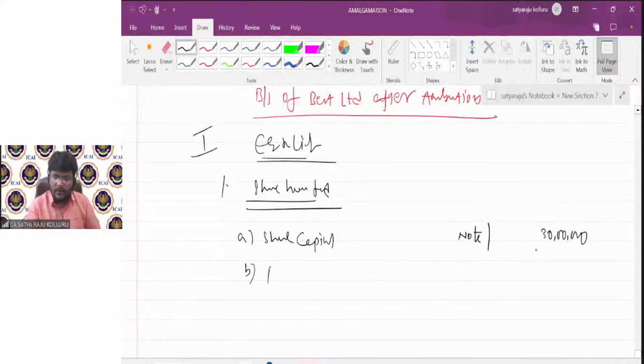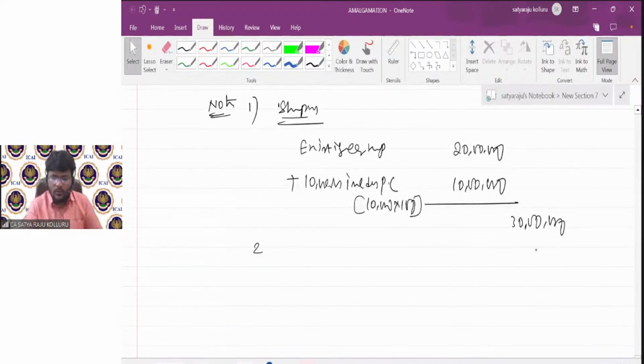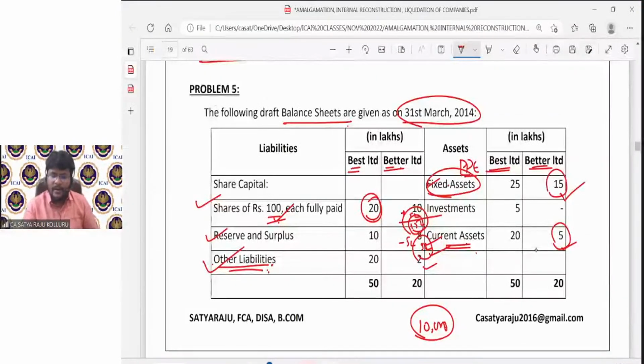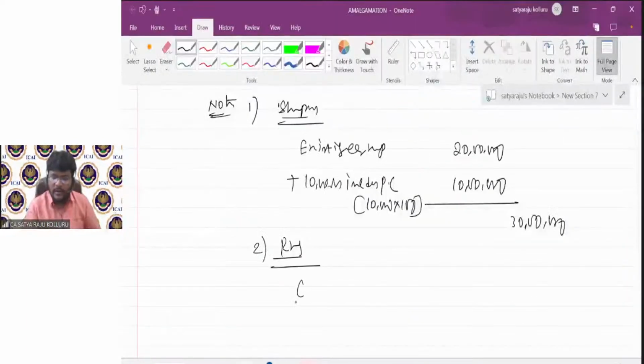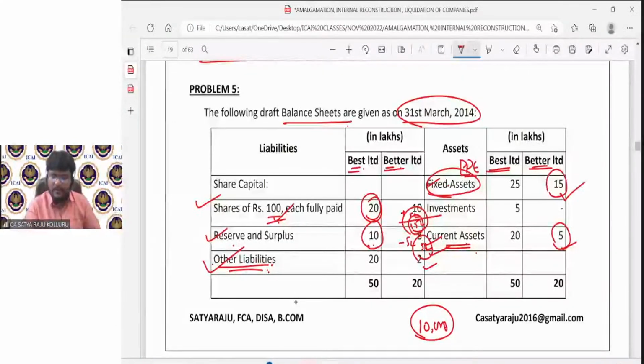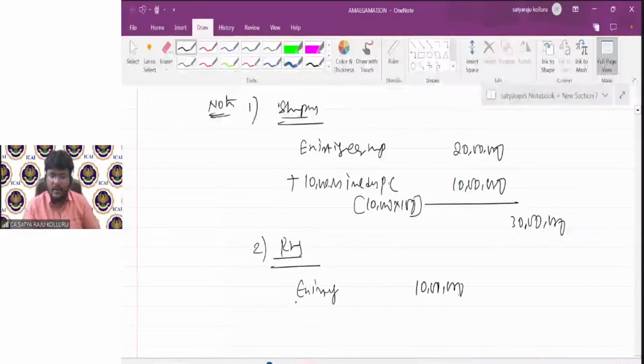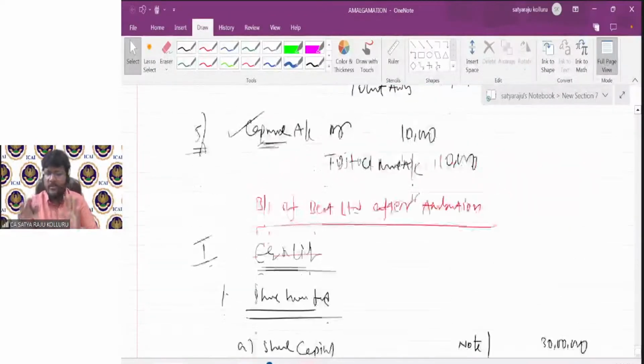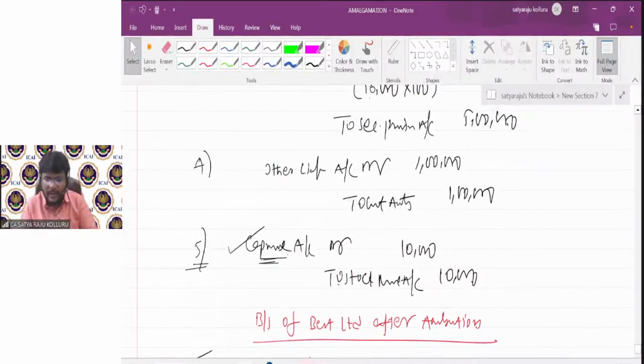Next, B, reserves and surplus. You can go to note number 2, reserves and surplus. Guys, all of you please concentrate. In Best Limited, what is the existing reserves and surplus balance? It is 10 lakhs. Am I right? Here there is no bifurcation, all the reserves and surplus I am simply adding.